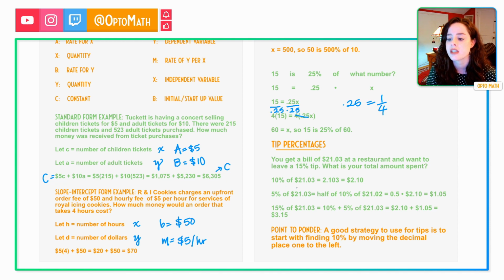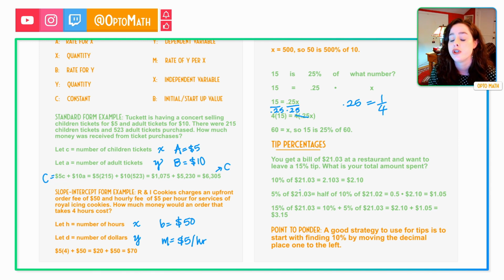So 10% of any number is like dividing that number by 10, because 10% is the same thing as 0.1 or 1/10. So if you divide a number by 10, you're moving the decimal place one place to the left because you're taking out a whole entire place value.